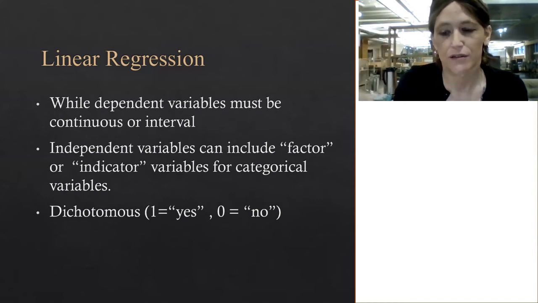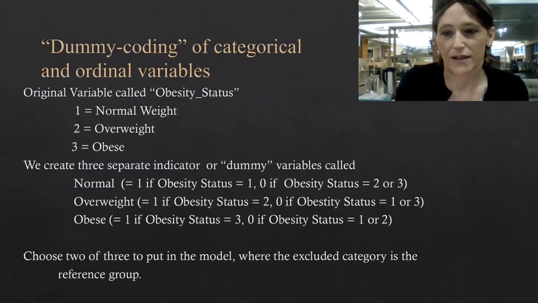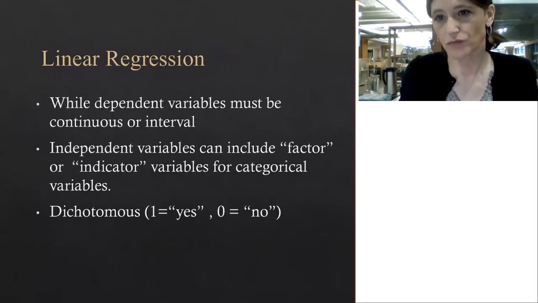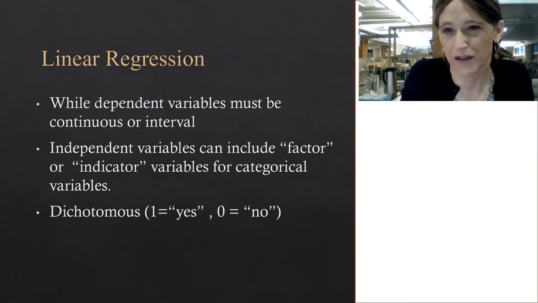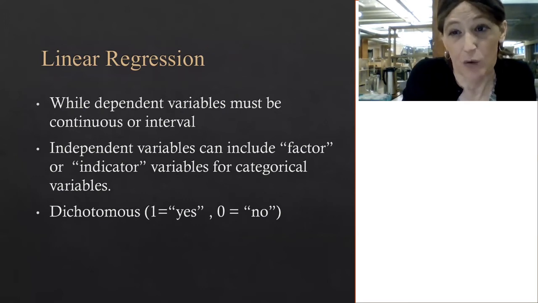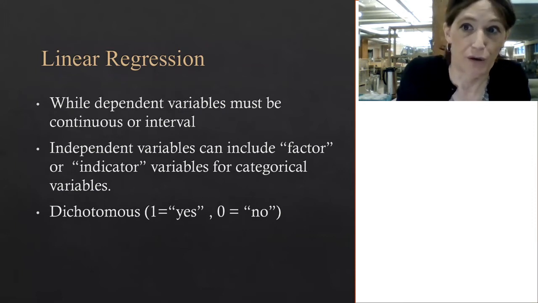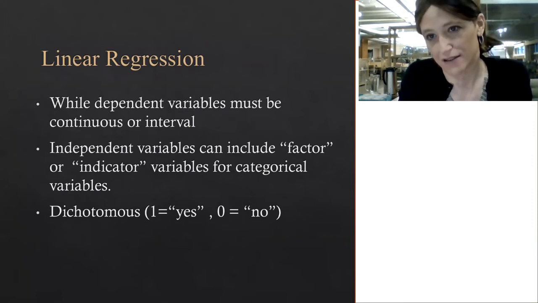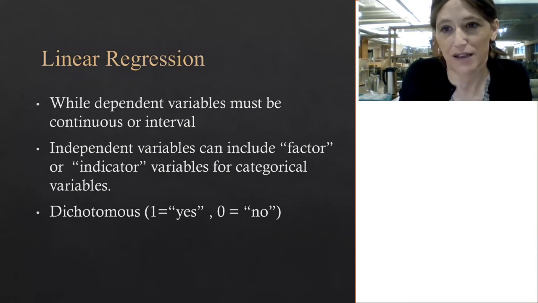And so we can include that in a linear regression model, which is a little bit counterintuitive at first, because with some of the coefficients, 1 unit might be something like 1 inch or 1 pound. In the case of a categorical or dichotomous variable, we're going from no all the way to yes, and so we would expect a relatively big change in the outcome.